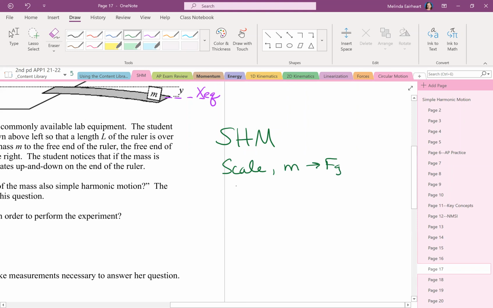Different masses, so a variety of masses. I'm just brainstorming here. How would we measure that up and down, up and down, up and down? What do we want to measure? Distance.